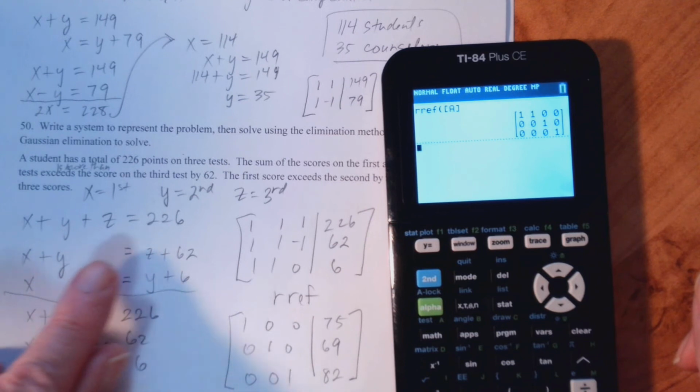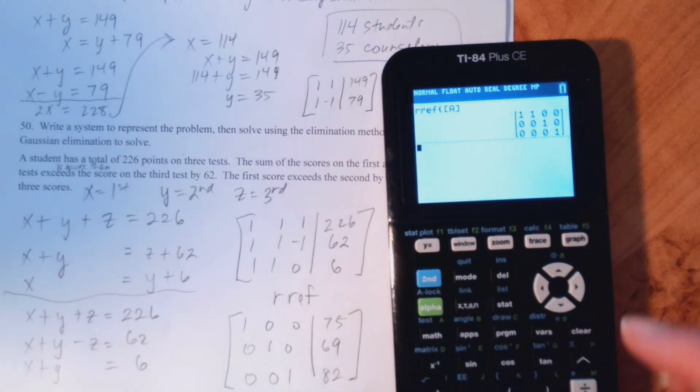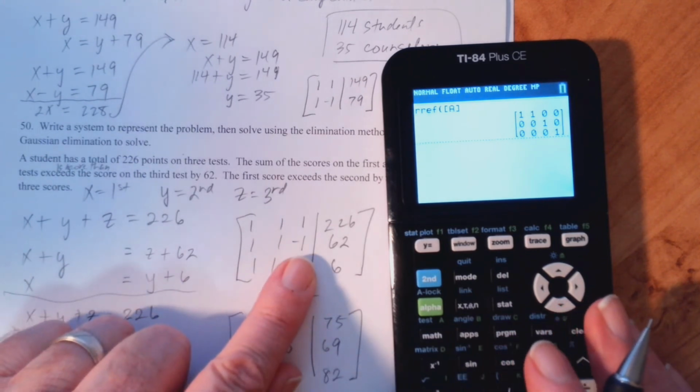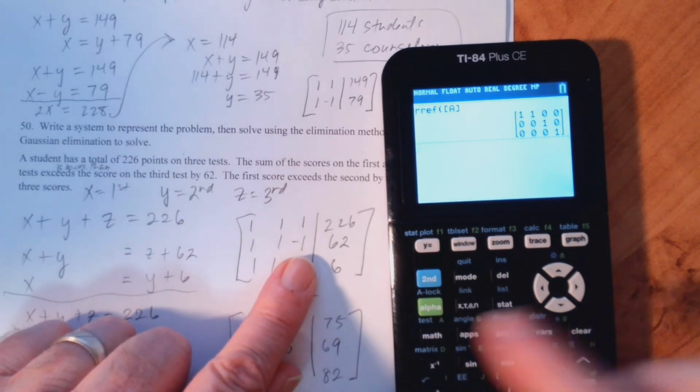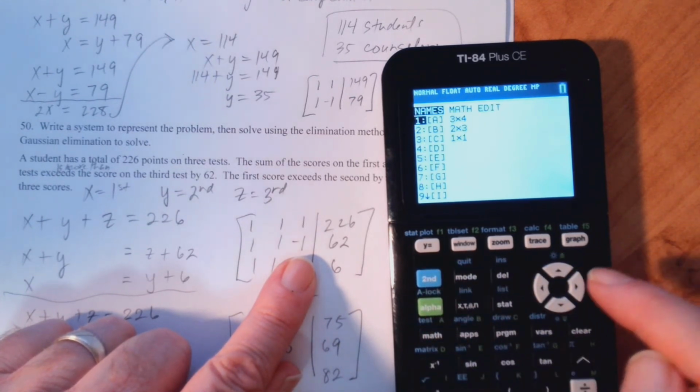Let's see, 1, 1, 1, 226. Oh, I see what's wrong. Let me fix this here. There's actually, oh no, that's wrong. Oh, I see. Let me go back to second matrix, edit.